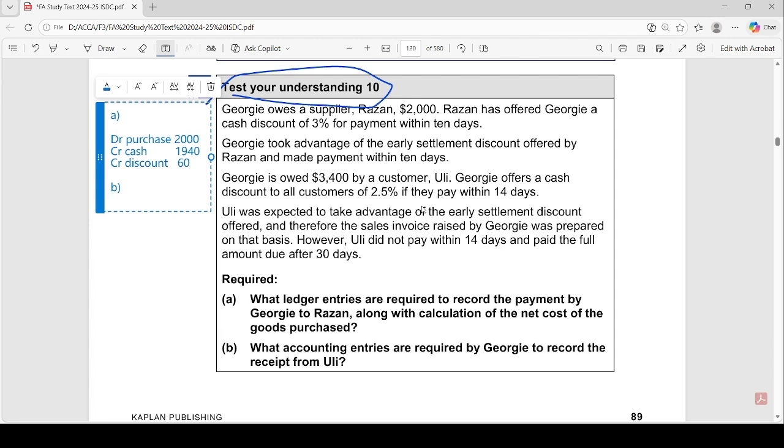Therefore, the sales invoice raised by Georgia was prepared on that basis. We are expecting that the customer will make the payment within 14 days. That's why we will write debit receivables, credit sales by how much amount? Now we will calculate. $3,315.